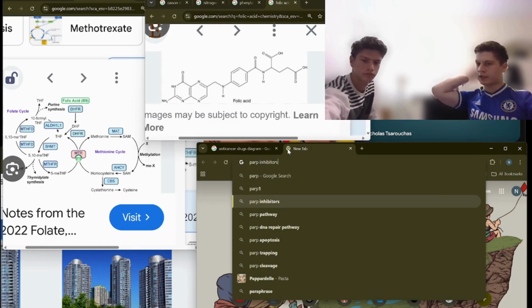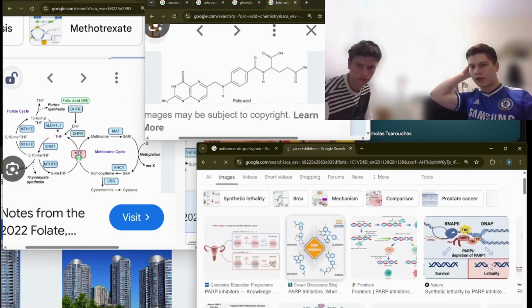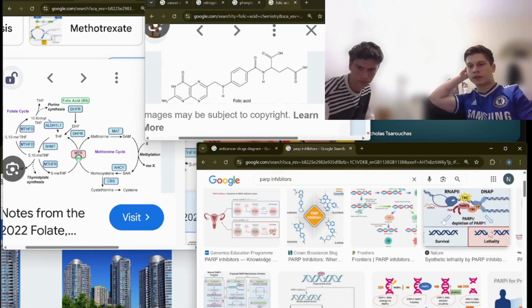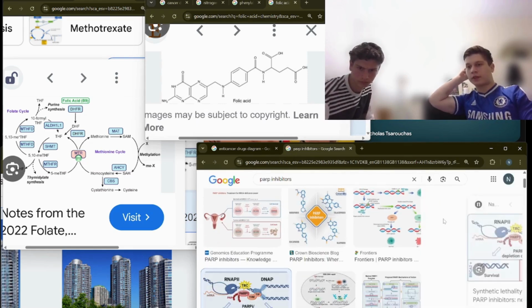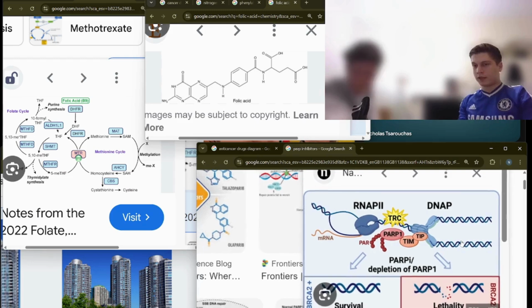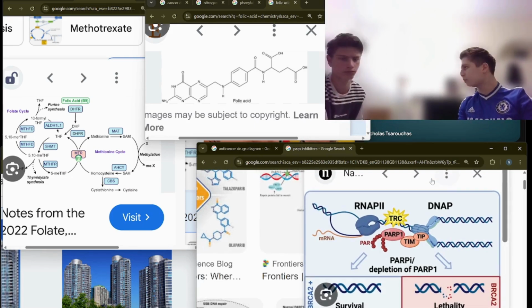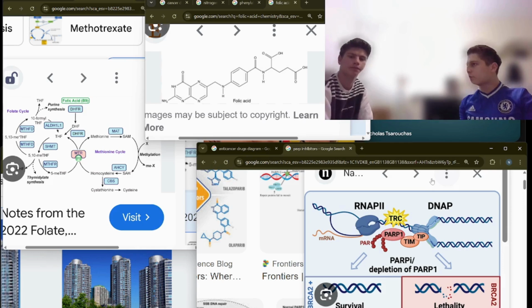So if you have single-stranded DNA damage and you can't repair it with your PARP inhibitors and your MMR, then you have to go to double-stranded DNA techniques, so things like HR and the hedge.